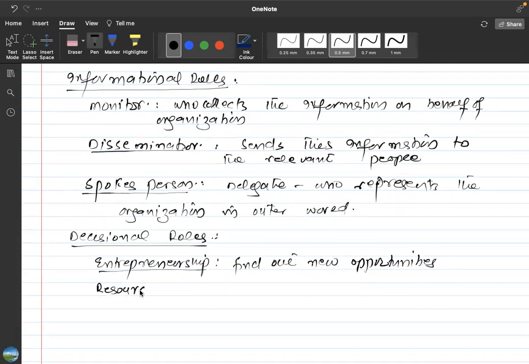This is what we have already studied in Fayol's theory. It's a job of the manager to allocate the resources to achieve the objective of the business. This allocation of resources, physical, non-physical, all resources. Another job is disturbance handler.